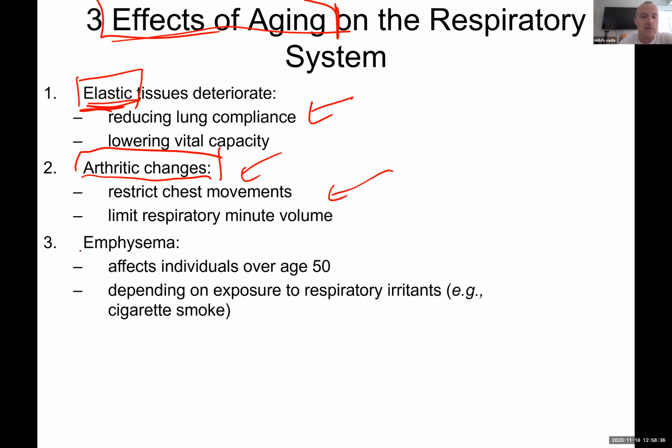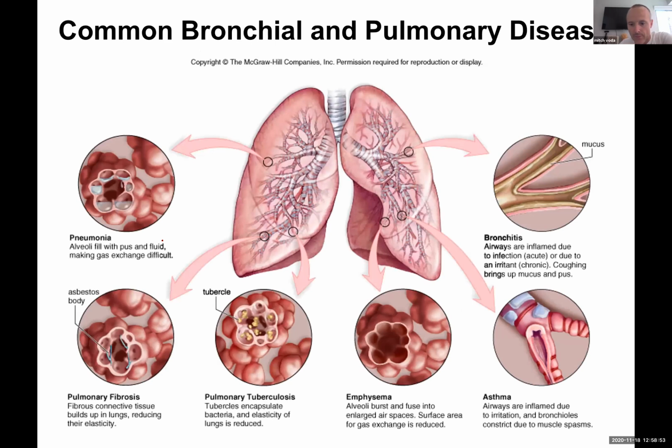Also, an effect of aging is emphysema. Basically, when you expose the lungs throughout the lifetime to all kinds of irritants like cigarettes and other chemicals, the alveoli right here start breaking, and now rather than having sac-like structures, you just have a big sac, which will not be able to get enough oxygen.